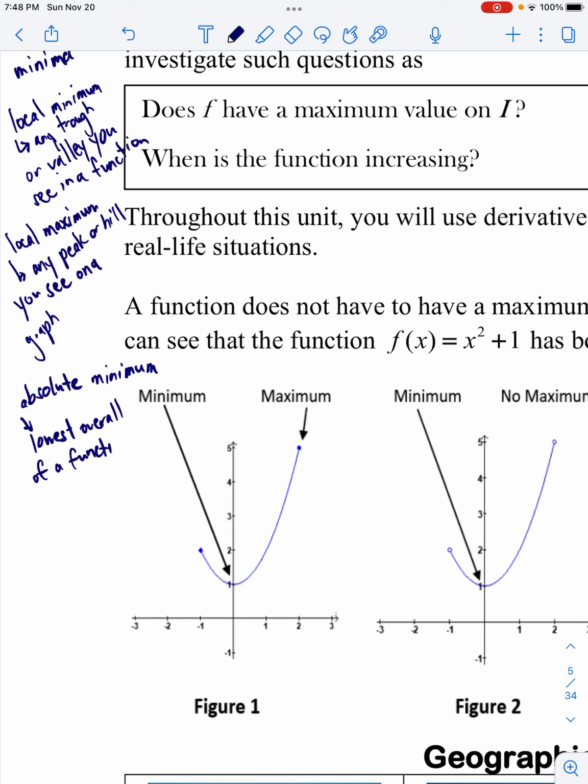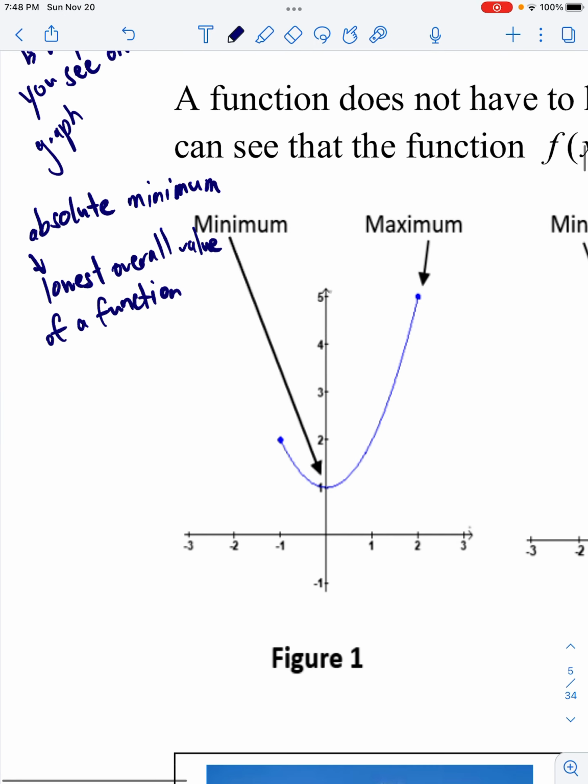And it's either going to be the lowest local minimum, or it's going to be one of the endpoints. We'll see that later. Absolute maximum. Okay, an absolute maximum is the highest overall. It's the highest peak.